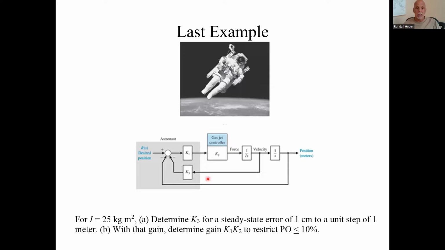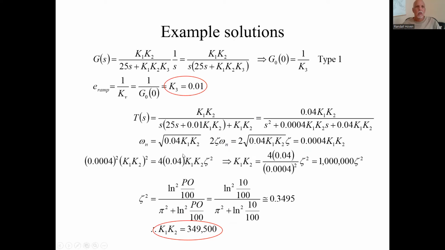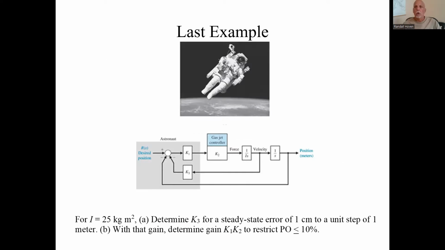But the forward path contains this sort of inner loop here. We need to calculate that inner loop transfer function, or gain, by the good old G over 1 plus GH formula. The G is this product, H is K3. That forward path gain is just K1, K2, divided by the product of the denominators plus the product of the numerators.